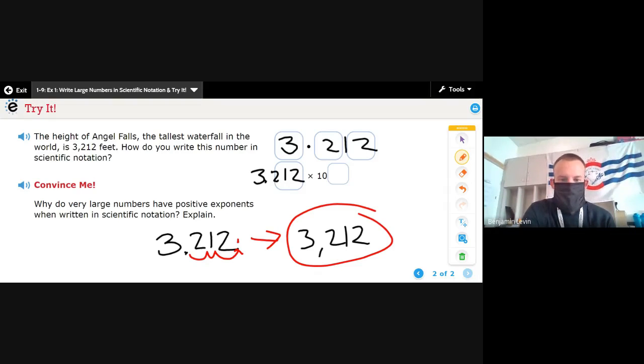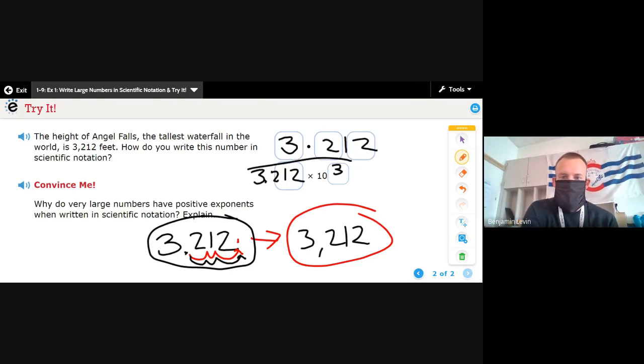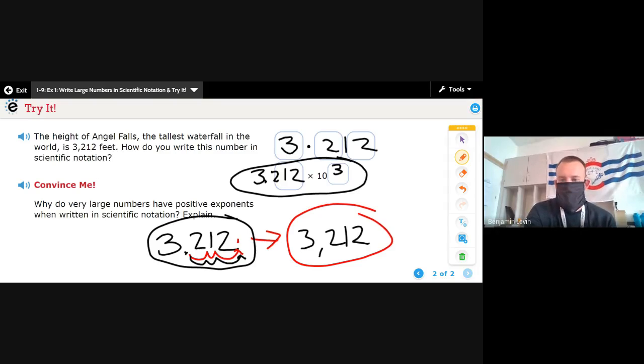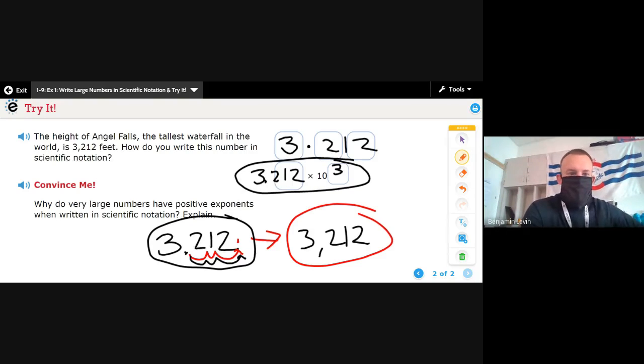How many spots do we move the decimal? We just did it right here, guys. Make sure you're watching. 1, 2, 3 spots. So we would put times 10 to the third, right? So this number right here represents 3,212. That is our answer: 3.212 times 10 to the third.